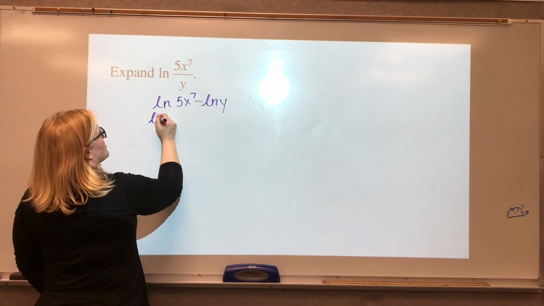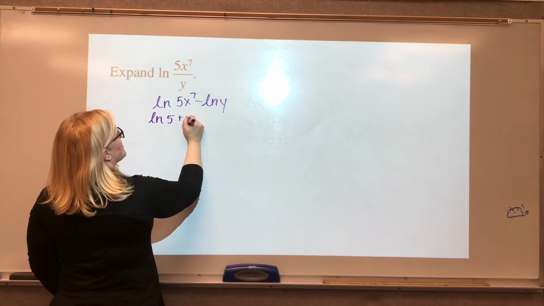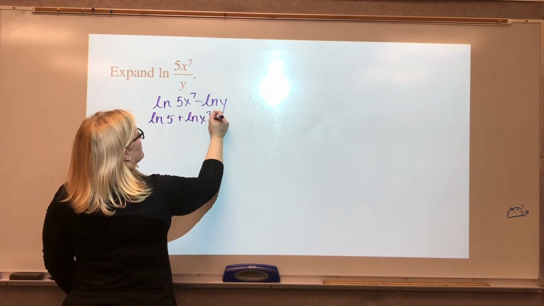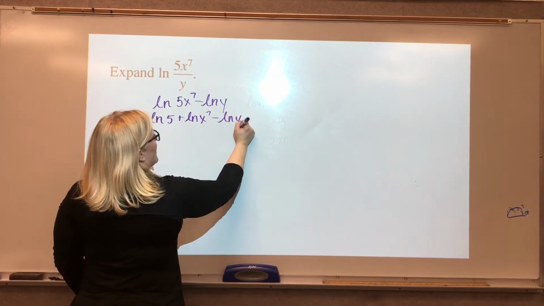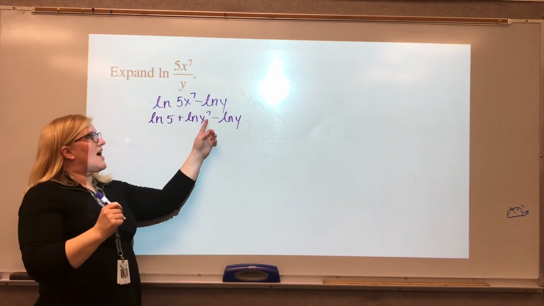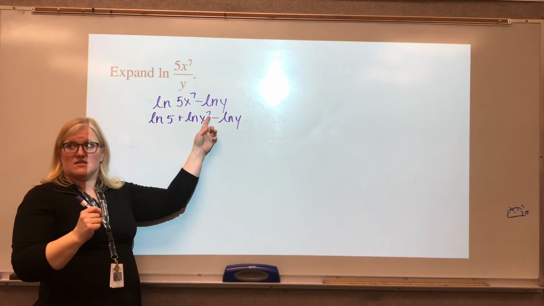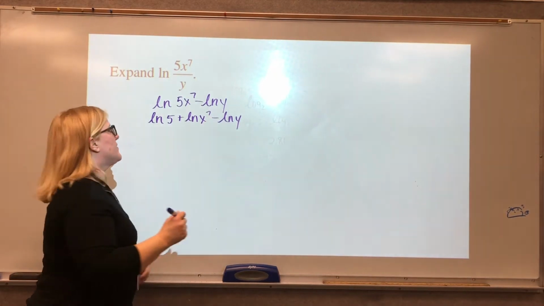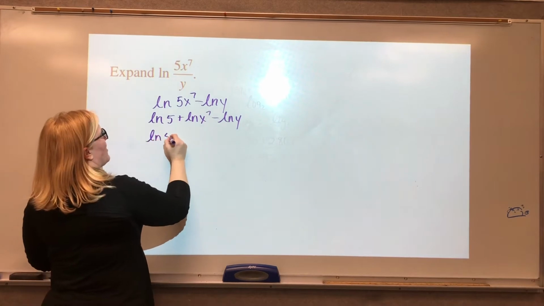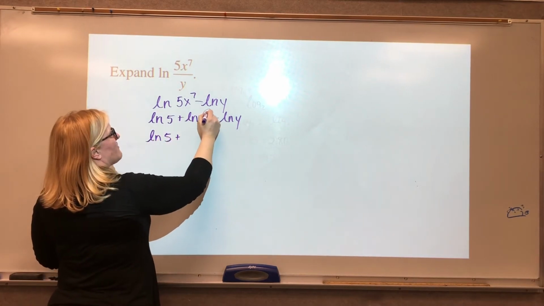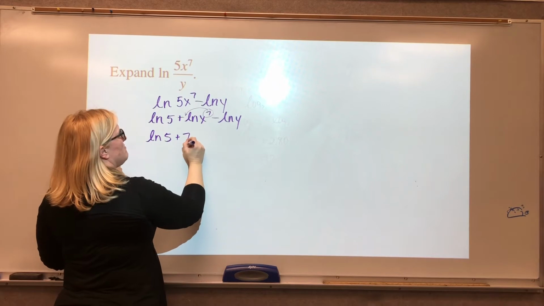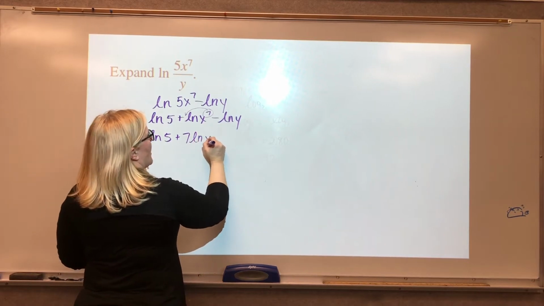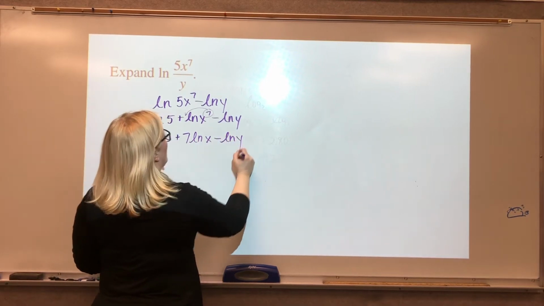So this is the natural log of 5 plus the natural log of x to the 7th minus the natural log of y. And now I just have one more thing to do, and that is this exponent right here, this 7. So this is natural log of 5 plus the 7 gets bumped out front, 7 natural log x minus natural log y.